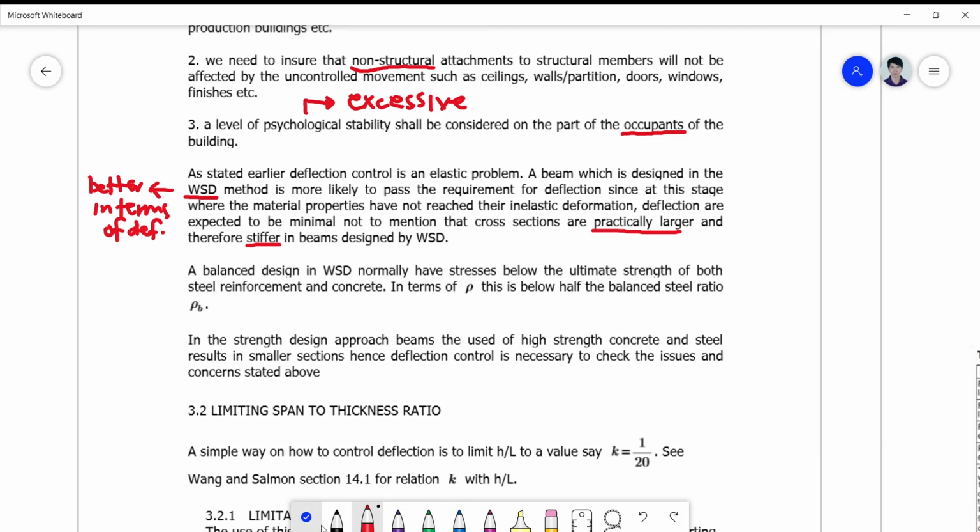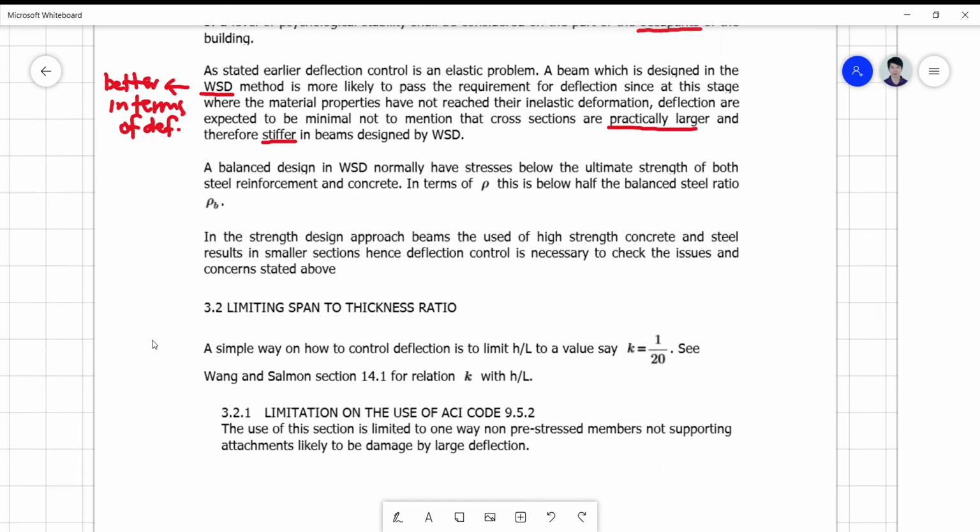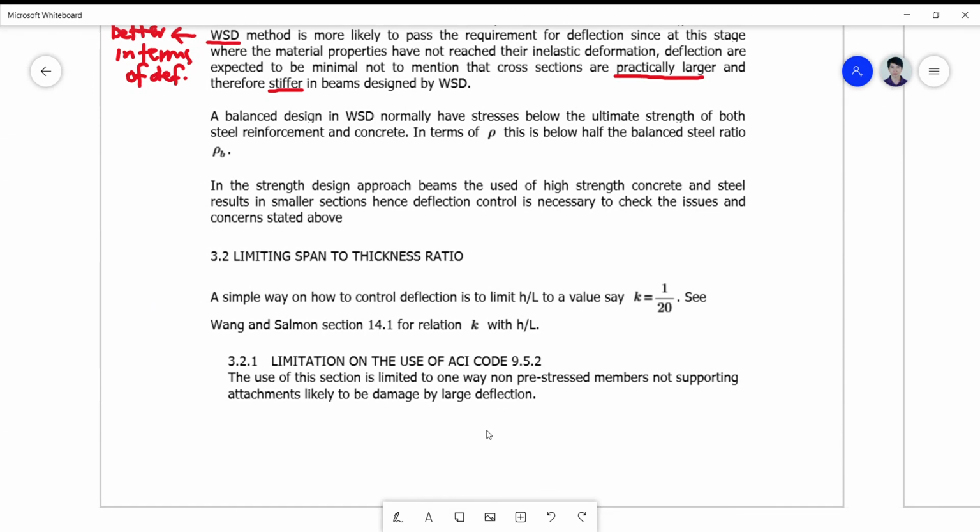Okay, let's proceed now with some code guidelines. We will be guided accordingly by the codes in order to limit and control deflection. And one old way of doing it is by simply looking at the h over L ratio, okay, which is more or less 1 over 20.